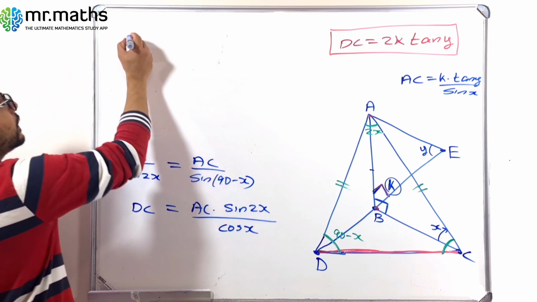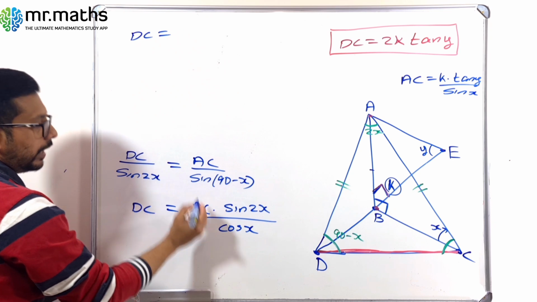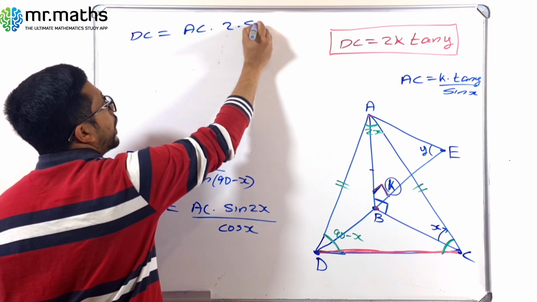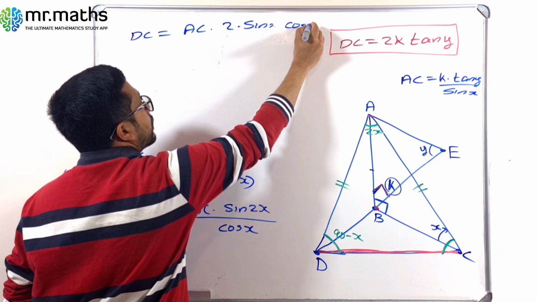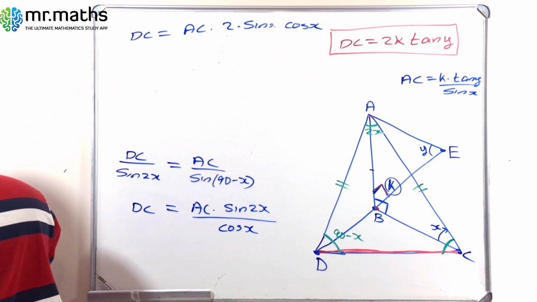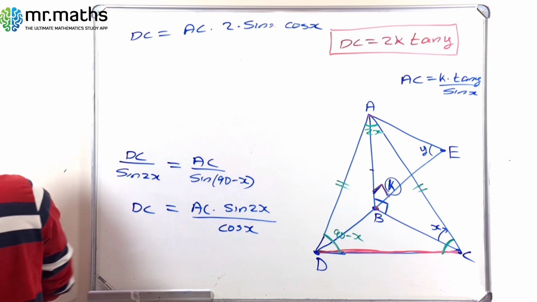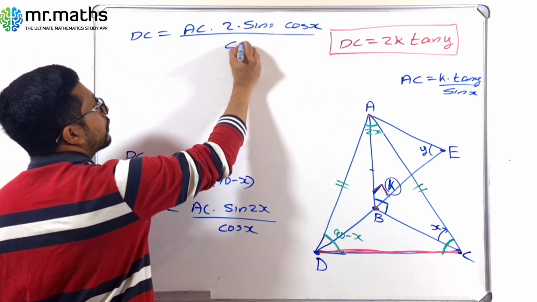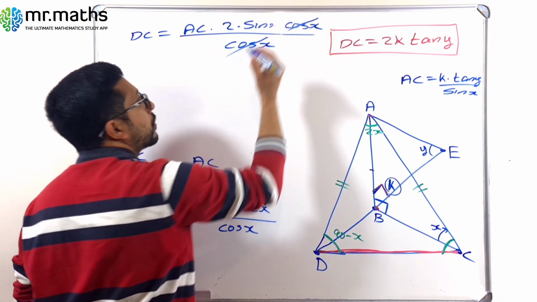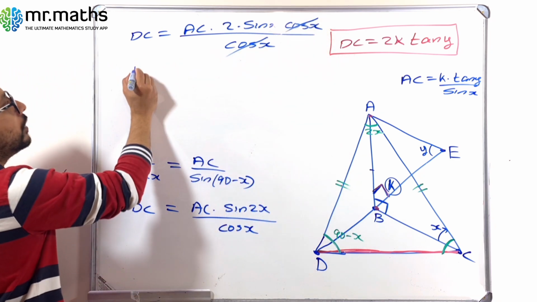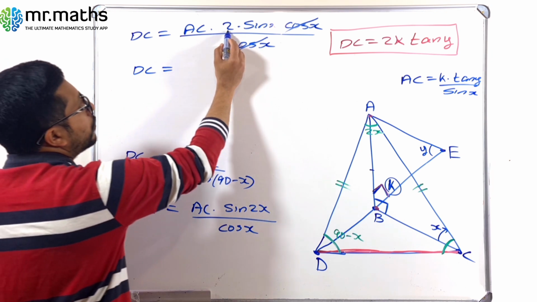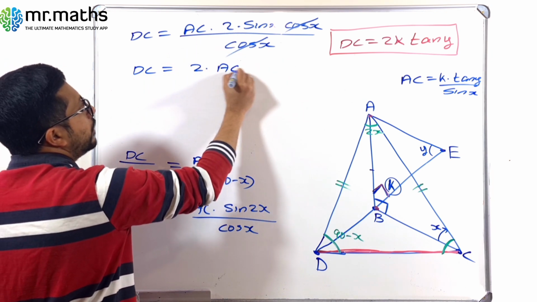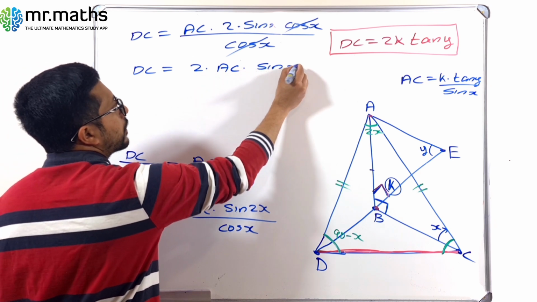So DC is equal to AC times sine 2x, that is 2 sine x cos x, the double angle formula, divided by cos x. So this cos x and cos x cancel. DC is equal to 2 into AC into sine x.